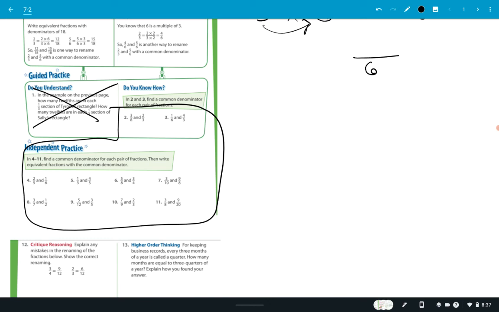And I'm going to put up 12, 13, 14, 15, and 16. So I want you to find common denominators for 2 through 11, and then also the fractions I'm going to put up right now.